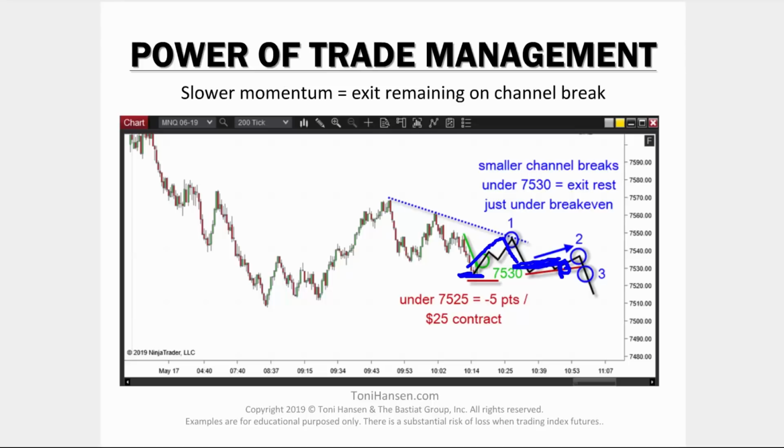I'm looking at this channel. That channel breaks, that's getting me out of the rest of the trade, and a lot of times it's actually flipping my position because this now becomes 1 wave up, 2nd wave correction, and leads to a bigger breakdown. So your cup with handle can actually shift and turn into a 2-wave breakdown instead.